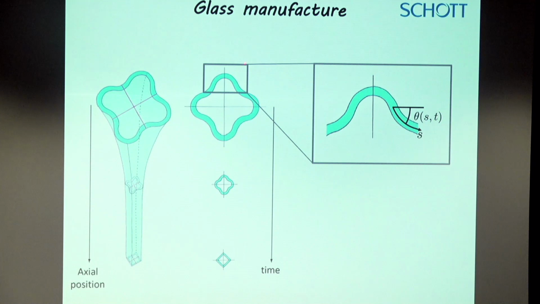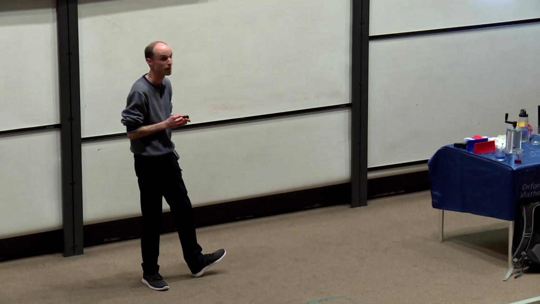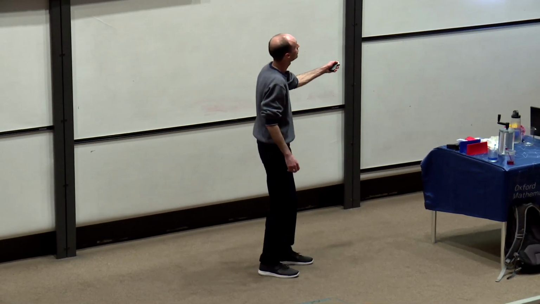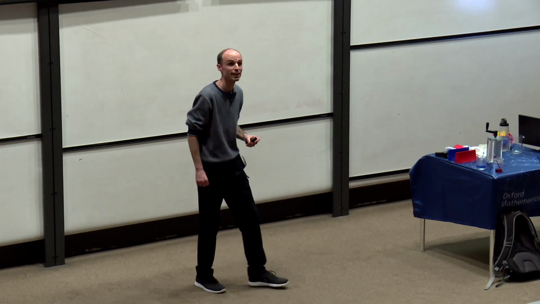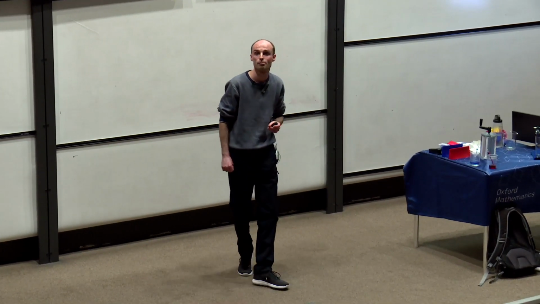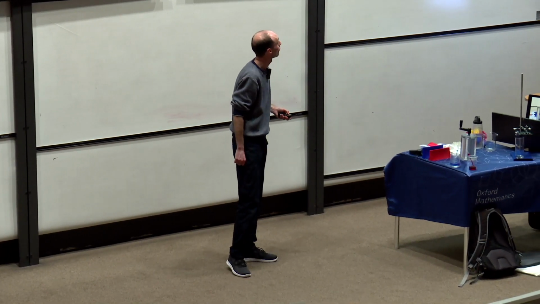If I tell you the angle at every single point on this glass and at every single time, that's enough to reconstruct the problem. Now what we've done here is we've taken a complicated 3-dimensional problem that is ill-posed for negative time and turned it into a tiny little piece that we're going to reconstruct. And the evolution of this tiny little piece, we can run backwards in time. That's well-posed. So that is exactly what we do.